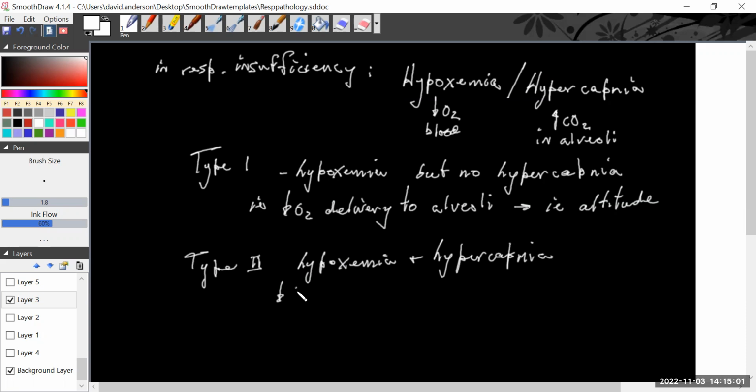So we have decreased oxygen delivery or availability, and decreased CO2 elimination.